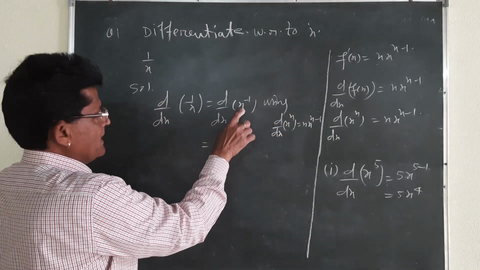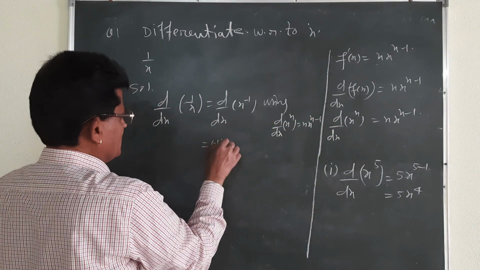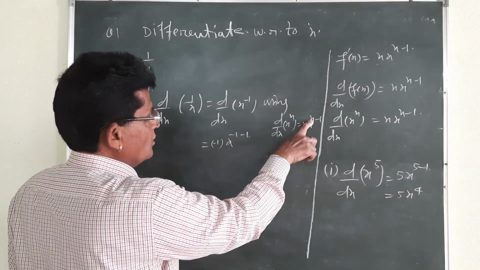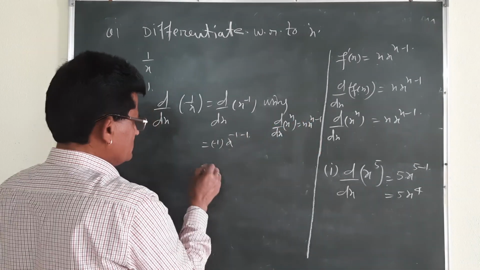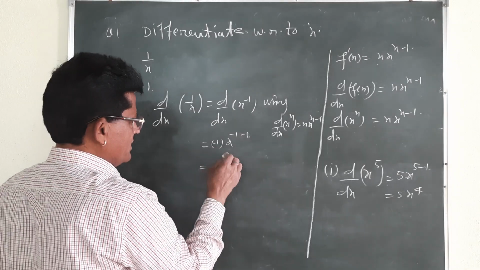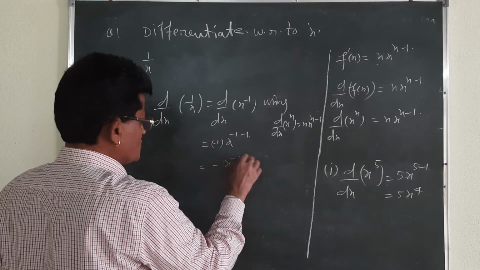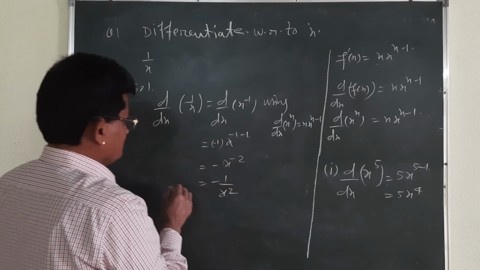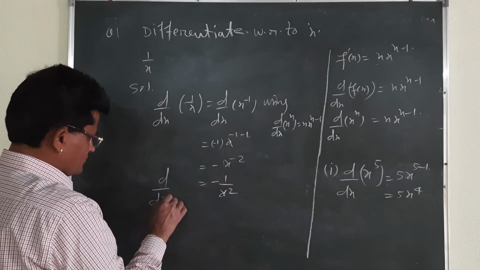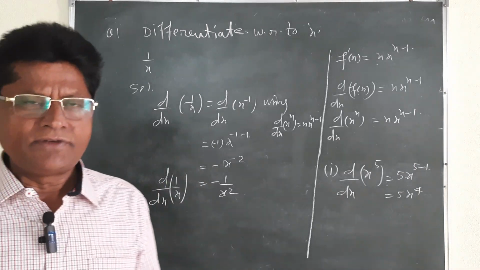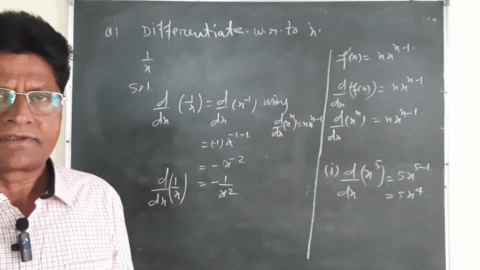In place of n, you write minus 1. It is minus 1 or x to the power how much? Minus 2. How can you write it? Minus 1 upon x square. That is its derivative. Like that you can find out the derivative of different types of functions.